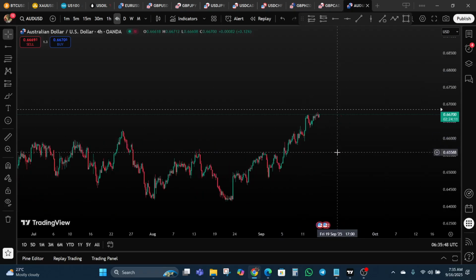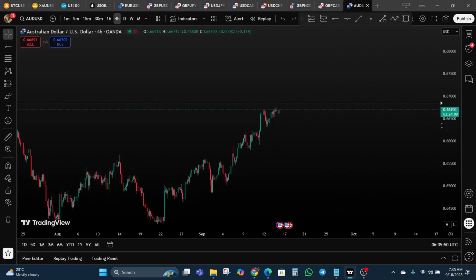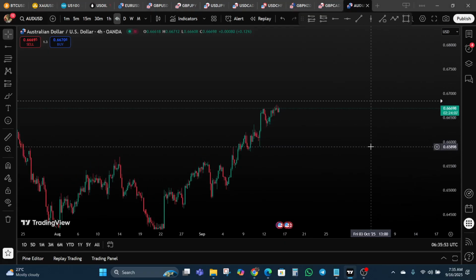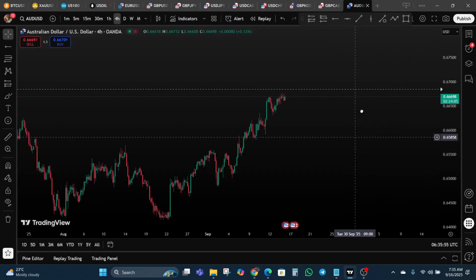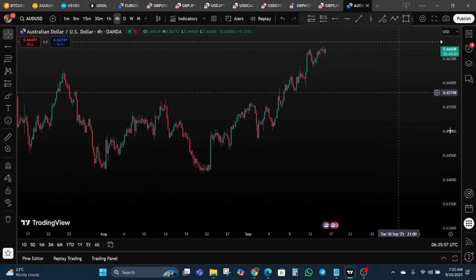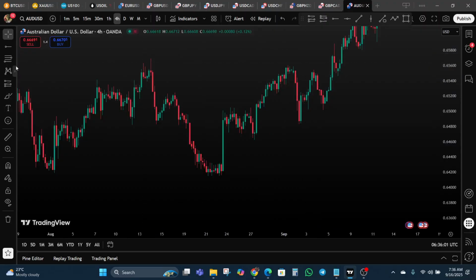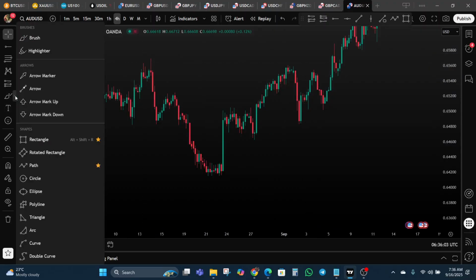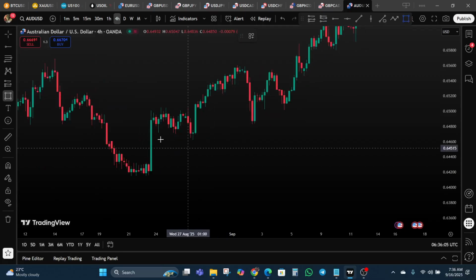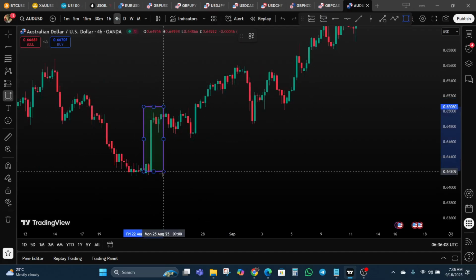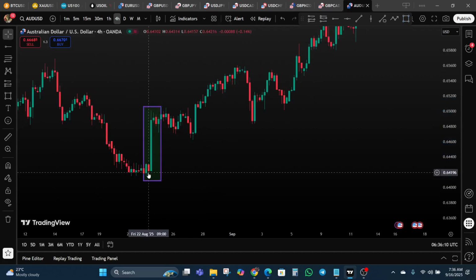A balanced price range happens when price creates an imbalance, usually a strong move in one direction. In case you do not know what an imbalance is, when there is a strong move in one direction, you can see this particular candle.